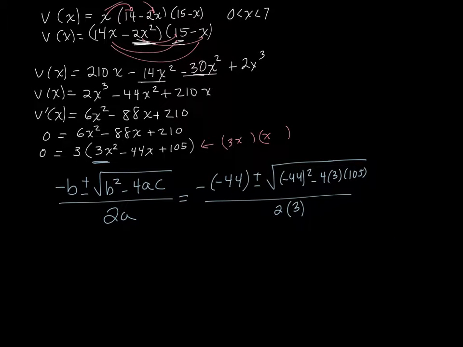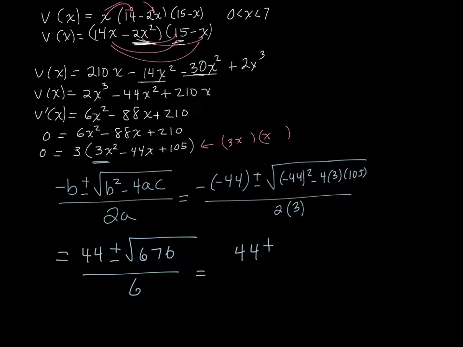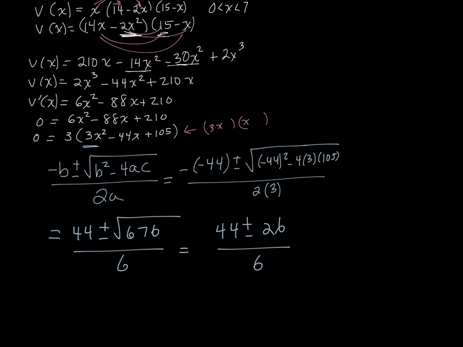And if you do the plus or minus, actually I'll do an extra step here. This works out kind of nicely because what's under the square root becomes 676, and that's actually a perfect square. That's 26 times 26. And so now I can continue with my quadratic formula, meaning I can do the plus 26 over 6, and then I can do the minus 26 over 6.